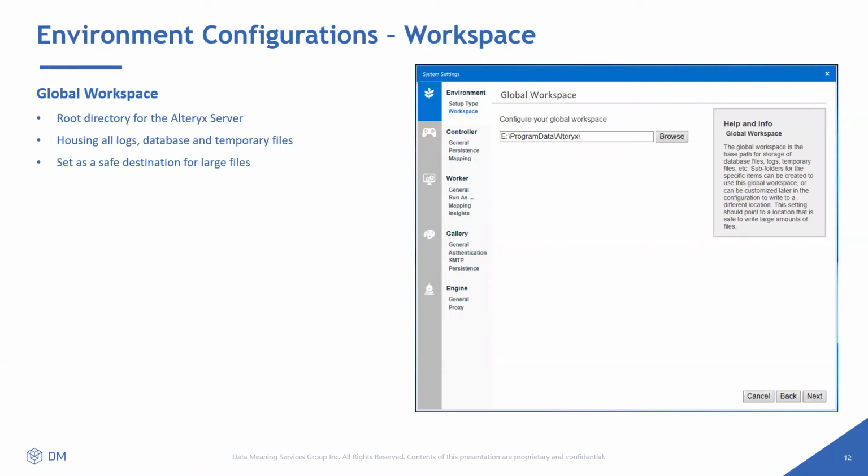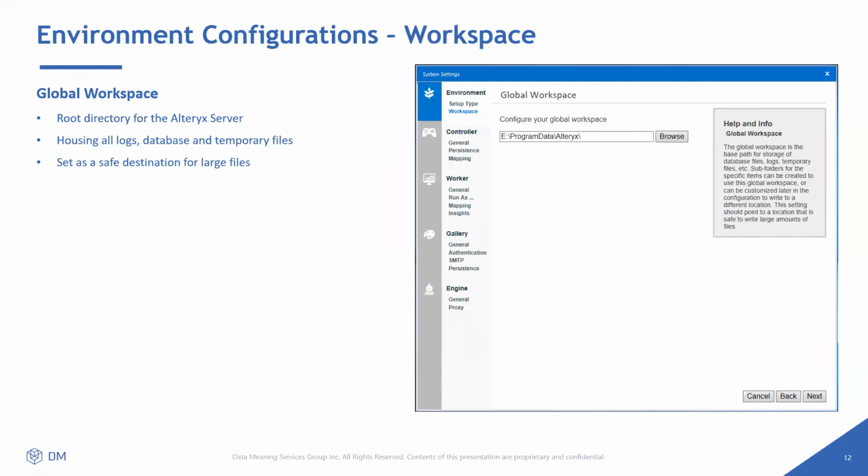This is something to be very mindful of, because you want to make sure that whatever account is going to be running and utilizing the Alteryx server in the backend has access to this location. Because if it does not, you are going to start seeing errors and disconnects occur on a regular basis, and you don't want to run into that. So not much to really say here beyond this is where you designate your root folder for the Alteryx platform.